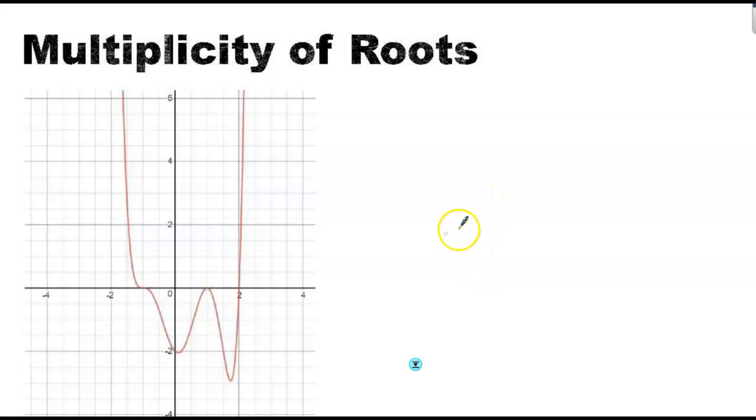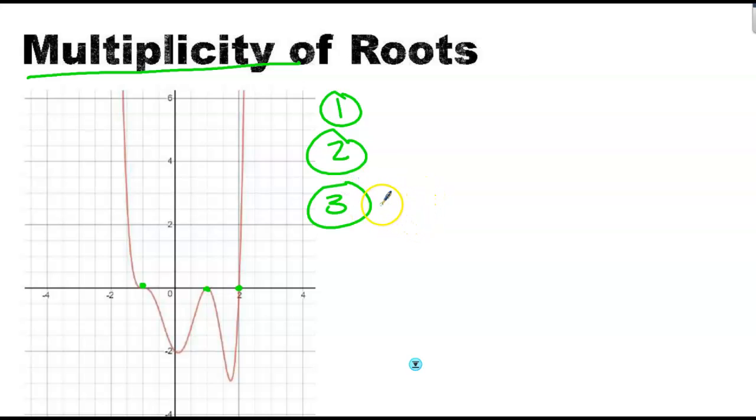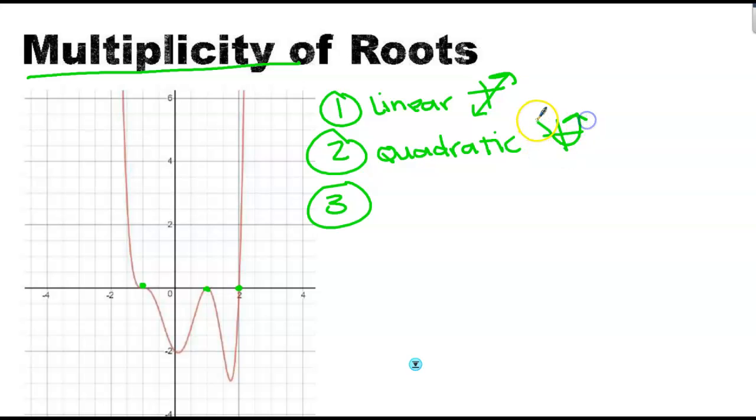All right, this graph here, we actually did work with it a little bit in our warm-up. Our daily ticket, we talked about our roots and we talked about where they occurred. Well, now we're going to talk about the multiplicity of the roots. So depending on how my graph looks at a certain location of the root, we'll have either a multiplicity of 1, which pretty much looks like a linear graph, or a straight line, or we could have a quadratic, which looks like a U-shaped curve.